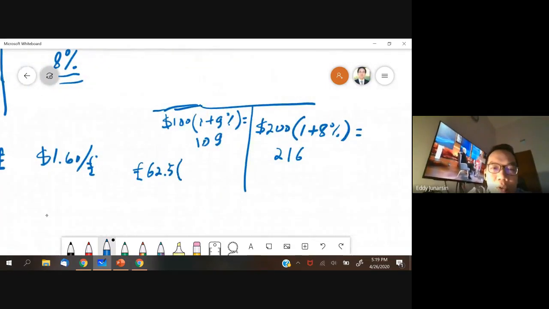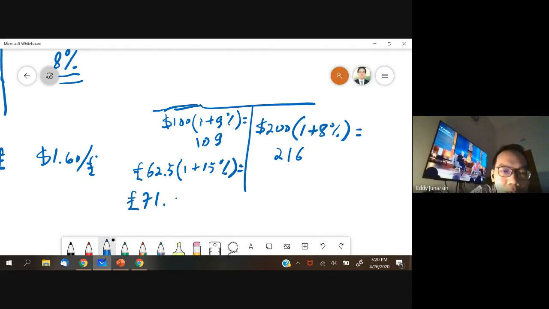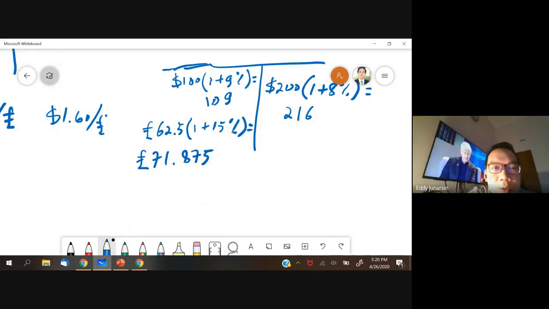So it will go up by 15%, and obviously you will get 71.875 million. Okay, but how much is it in US dollars right now? This is again the smooth scenario where the spot rate 1 year later remains at 160.